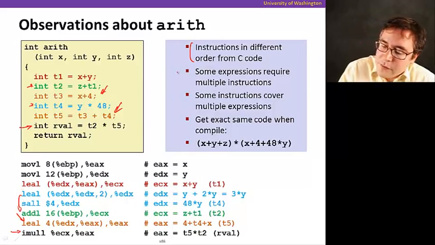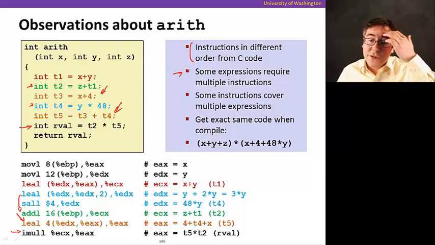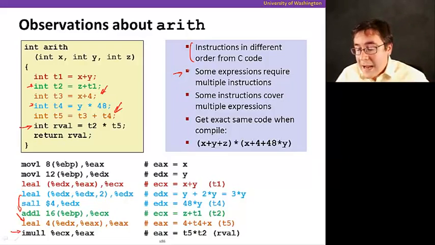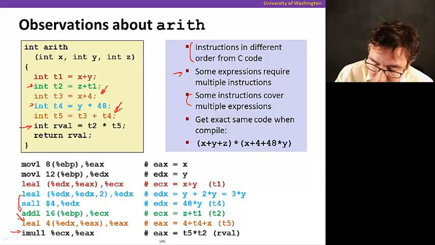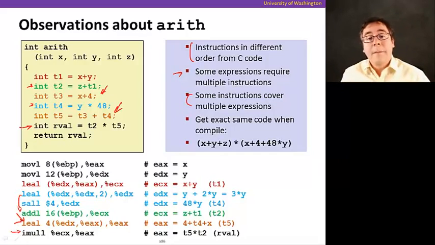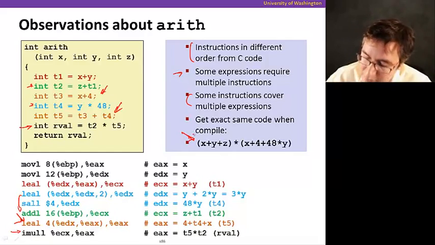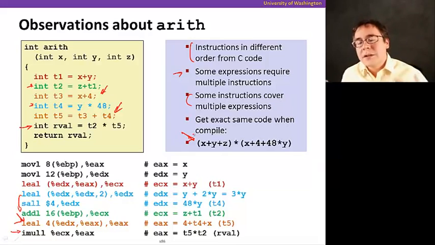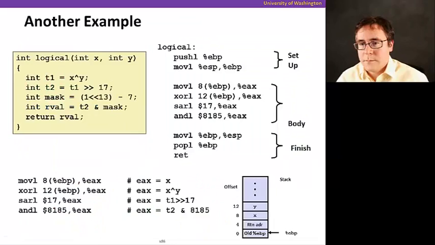And also, it's interesting to note that some expressions require multiple instructions, and some instructions, like this one that I just showed here, cover multiple expressions. Okay? And you get the same exact code when you compile this. Why is that? Because the compiler is going to have to create temporary variables anyways.